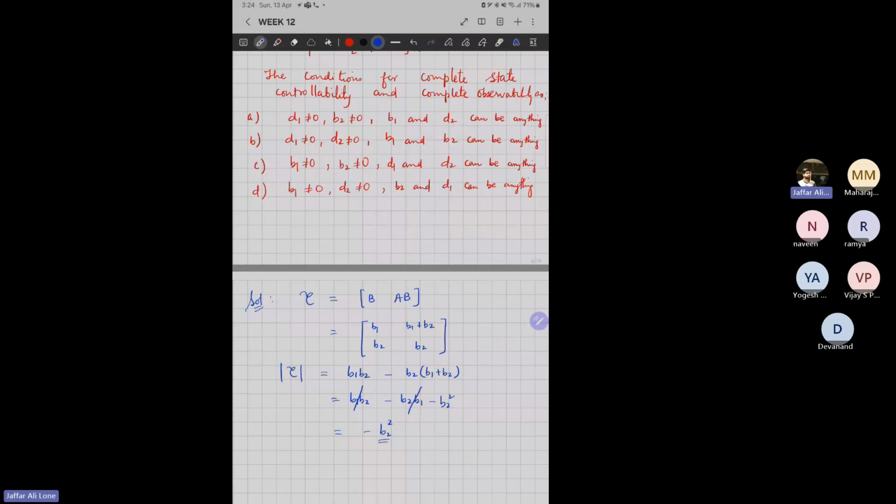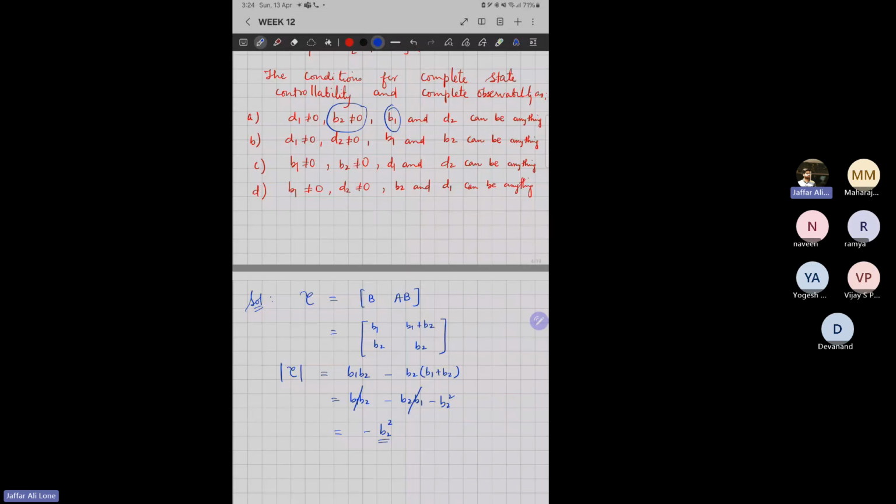It means for the system to be controllable, only B2 should not be equal to 0. B1 can be anything, so the controllability does not depend on B1. B1 can be anything, but B2 should not be equal to 0.